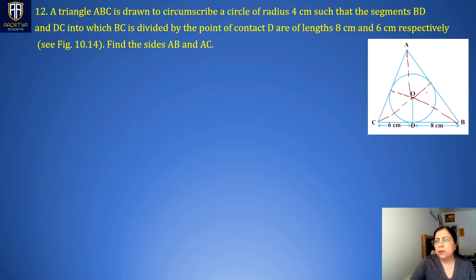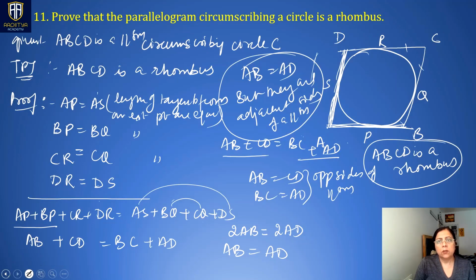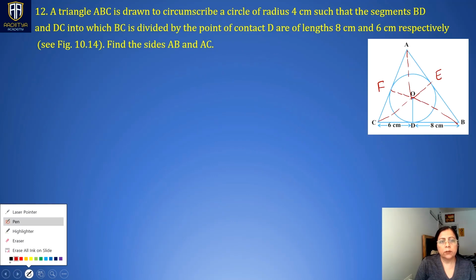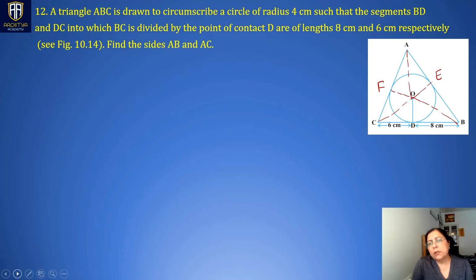Let this be D, E and F. So in this question we have to start with a triangle ABC is drawn to circumscribe a circle of radius 4 such that the segments BD and DC into which BC is divided by the point of contact D are of lengths 8 and 6 respectively. Find the sides AB and AC.